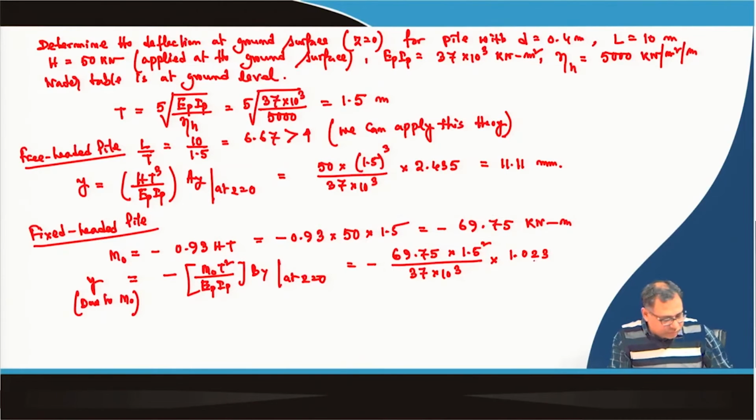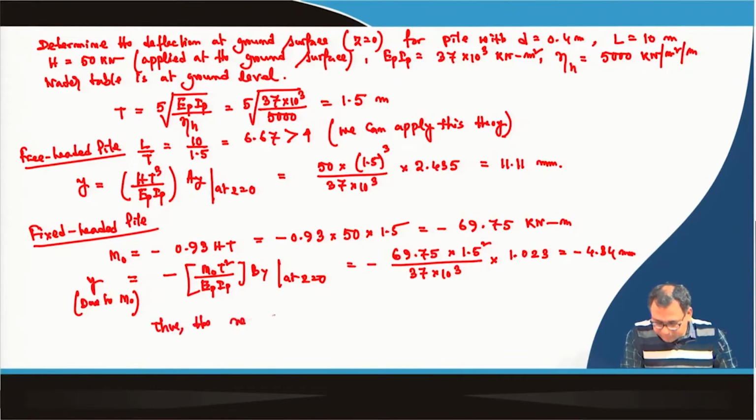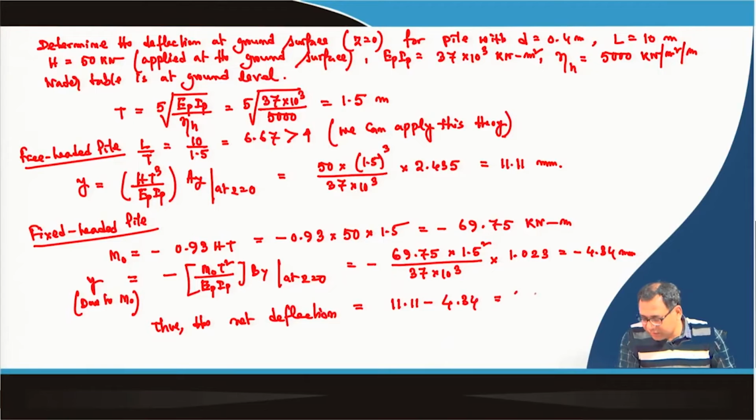So, that is equal to minus 4.34 millimeter. So, the net deflection will be 11.11 minus 4.34. So, that will be 6.77 millimeter.